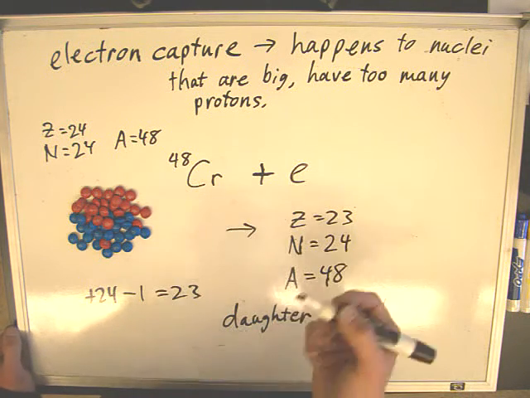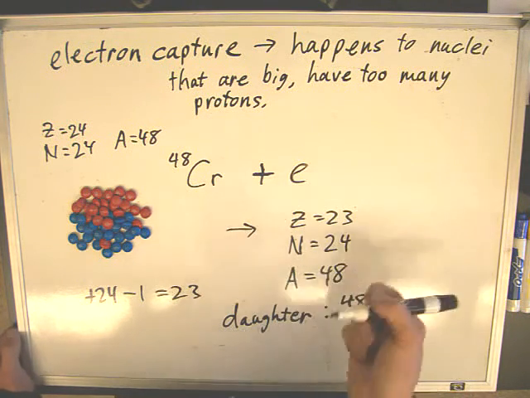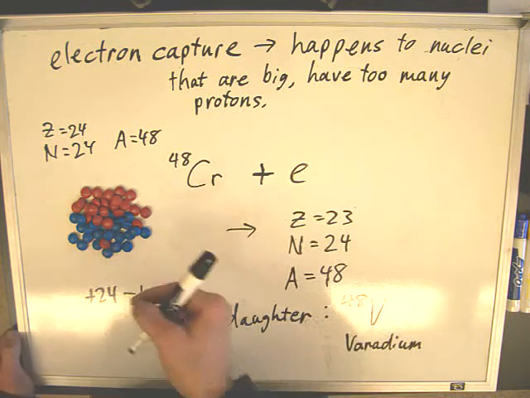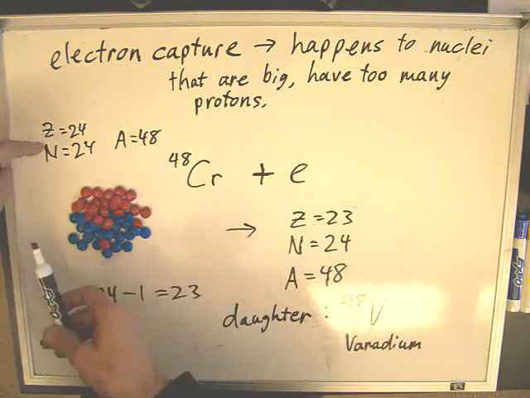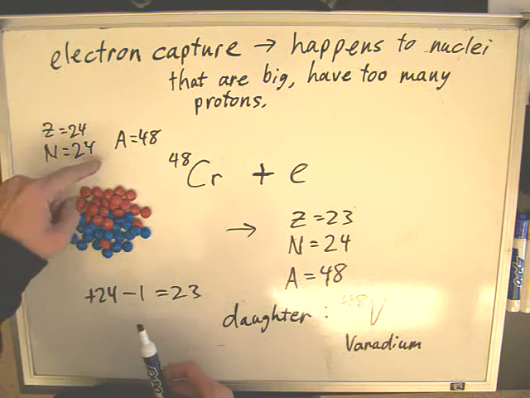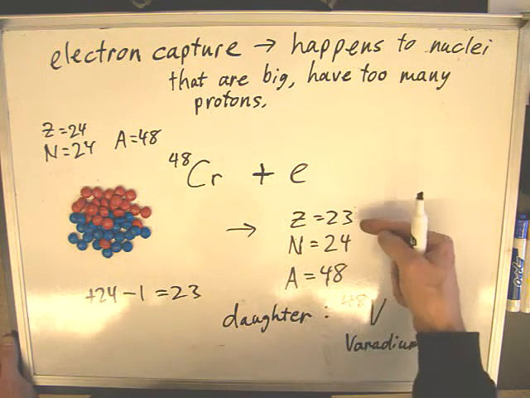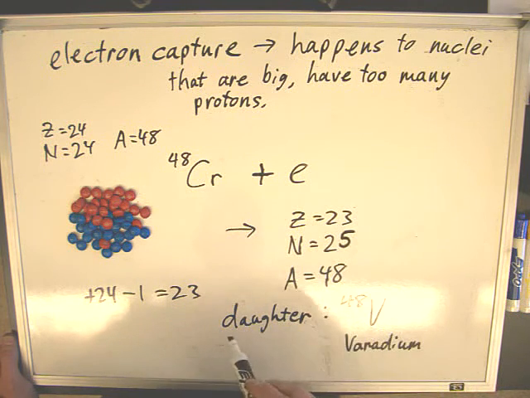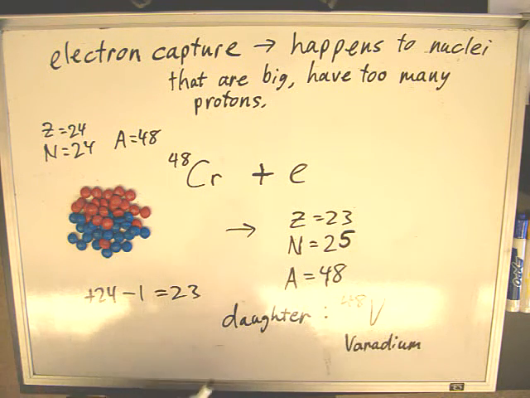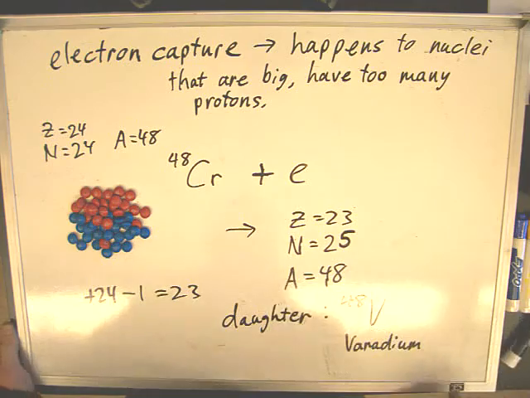So you can think of the electron as something which is almost no mass, but it carries the negative 1 charge. When it gets in there, it reduces the charge of the nucleus. To reduce the charge of the nucleus, it takes away 1 proton and turns it into a neutron. So then you have Z equals 23 and N equals 25. Okay.